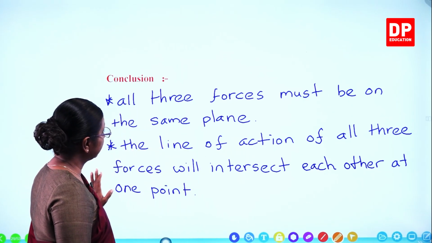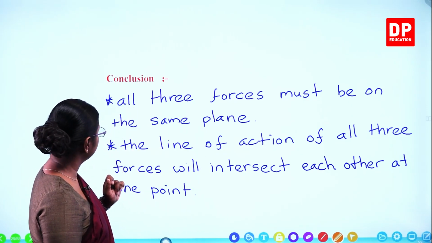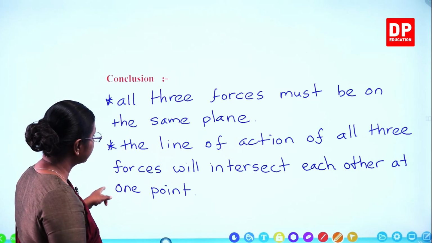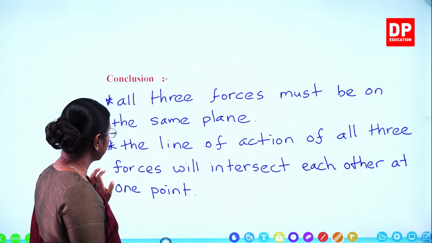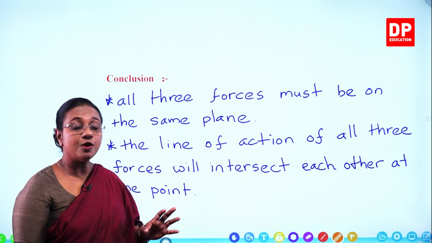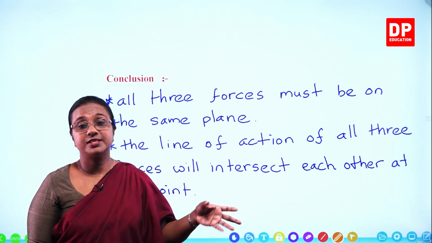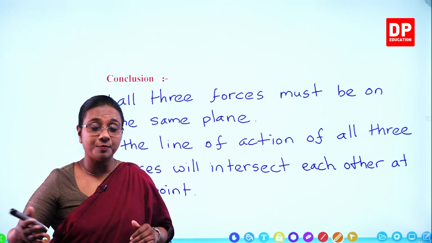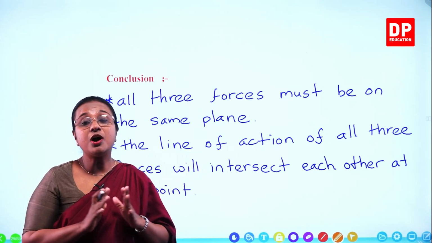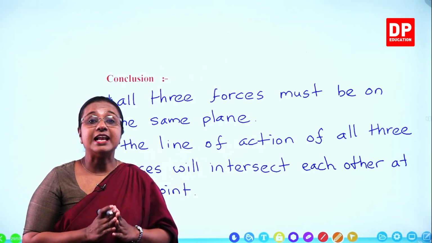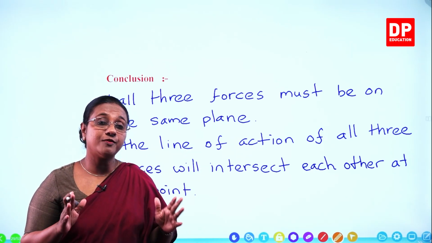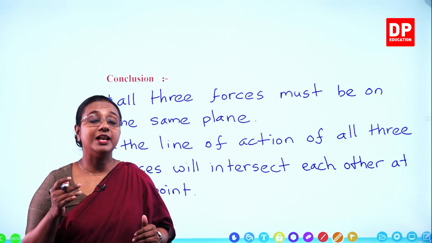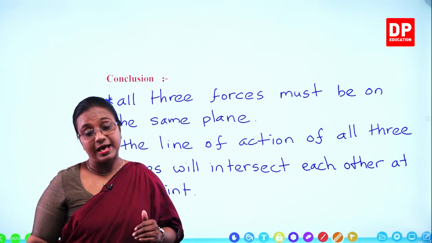So from all these, all three forces must be on the same plane and the line of action of all the three forces will intersect each other at one point, and also the sum of two forces will be equal in magnitude to the third force and in the opposite direction. So those are all the three conditions that need to be satisfied in order for an object to be in equilibrium under three coplanar forces that are not parallel.